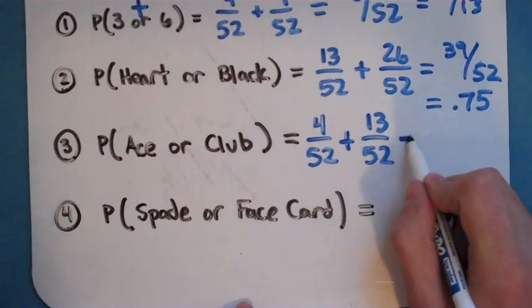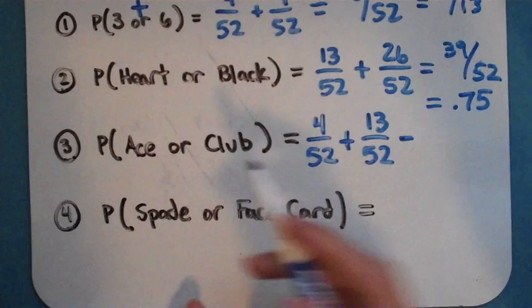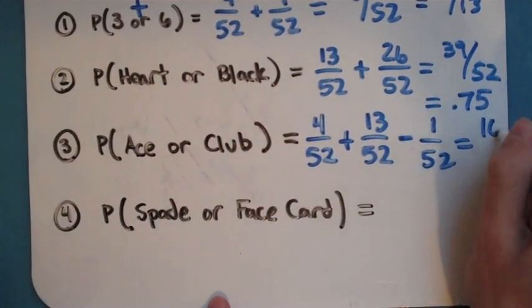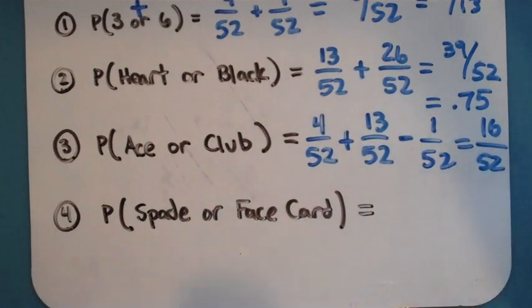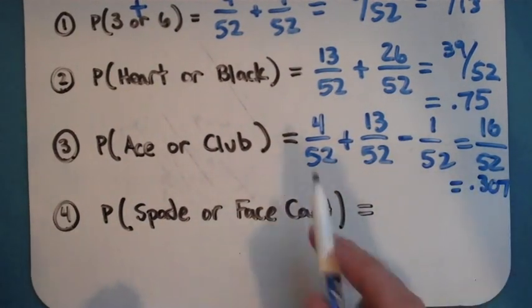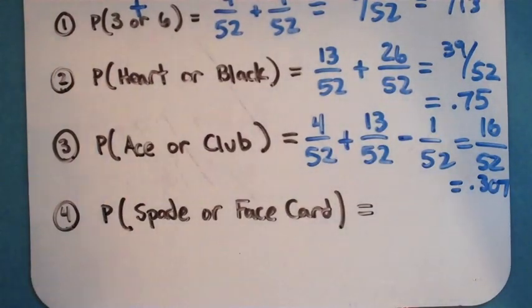But since there's overlap, we have to take out the cards we counted twice. We counted one card twice, the ace of clubs. So we take out 1 out of 52. This leaves us with 16/52, which reduces to 4/13. Or if you prefer, it's going to be 0.307 roughly. So we add them together, but then we take out the overlap because they're not mutually exclusive.